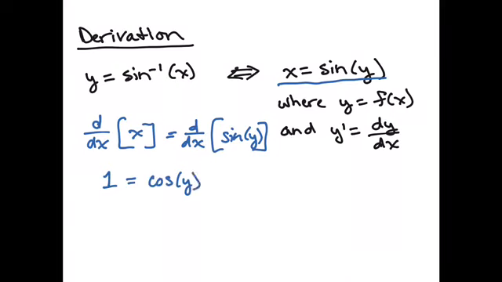But this is a chain rule problem because y is some function of x, so I have to multiply this by the derivative of y, which we're just calling dy dx. If I solve that for the derivative, dy dx, we get dy dx is 1 over cosine of y.